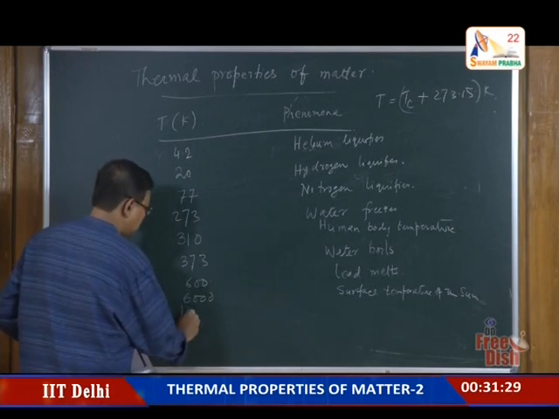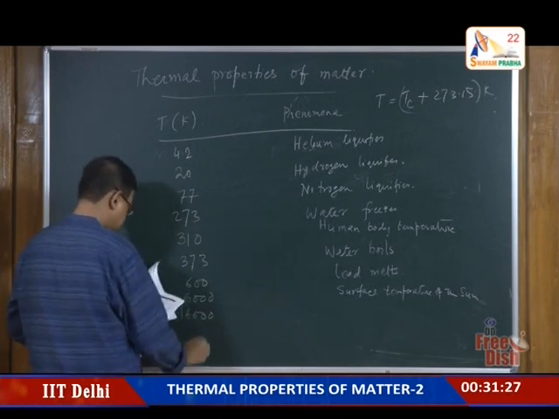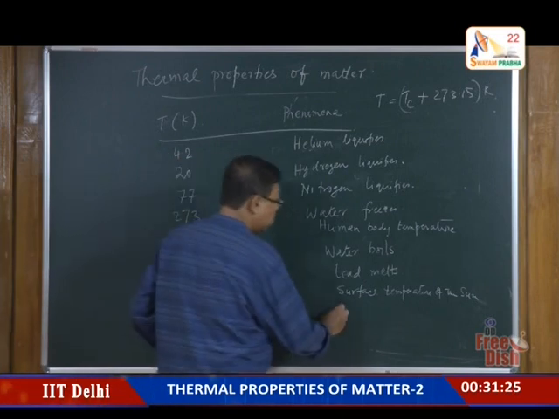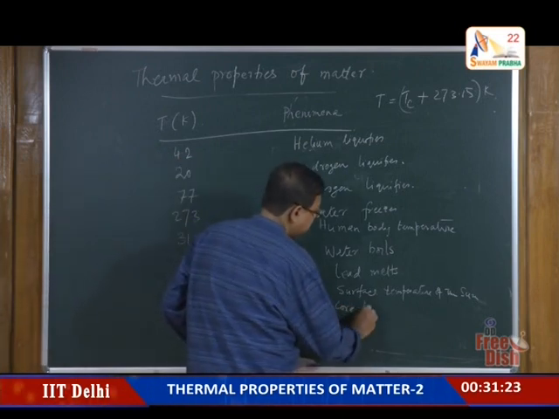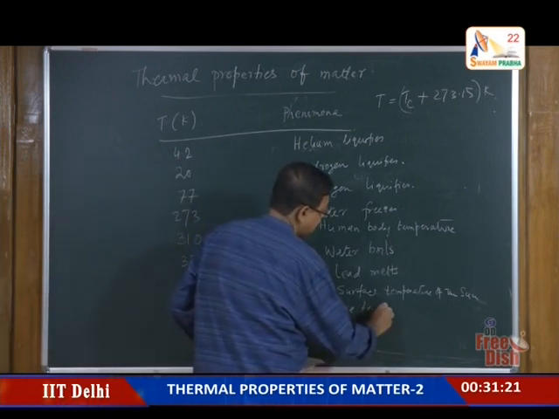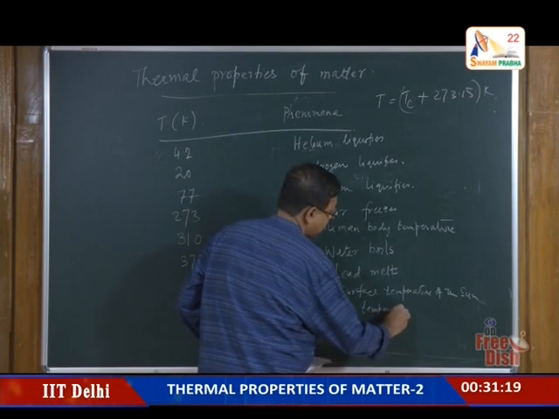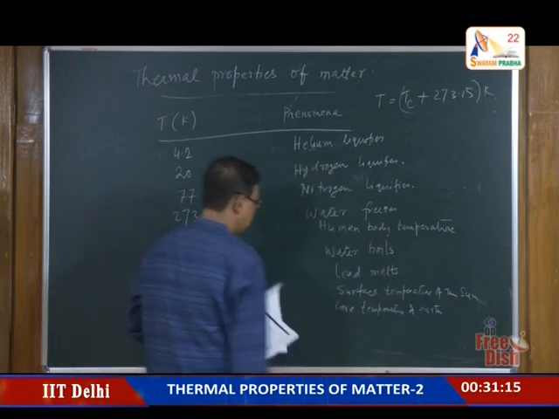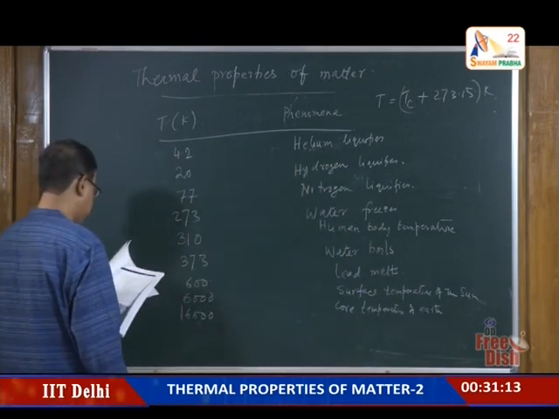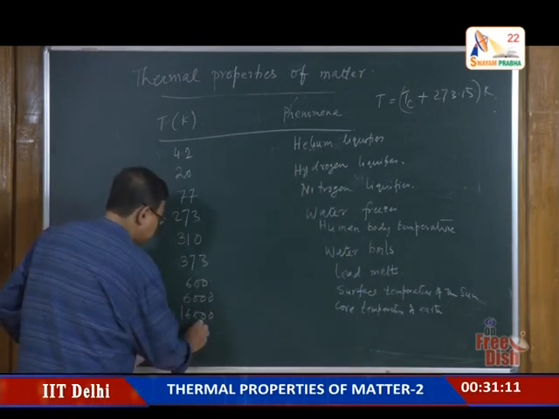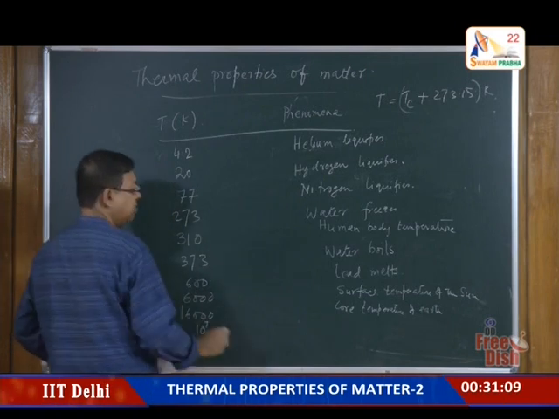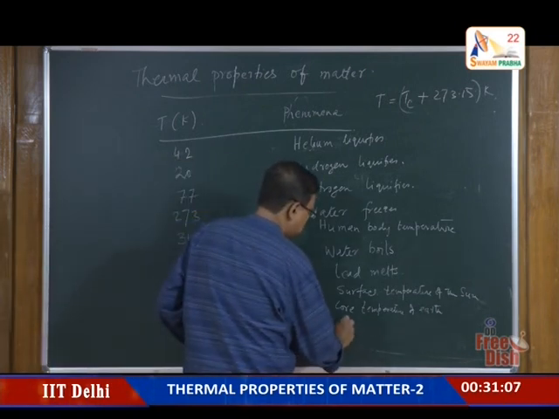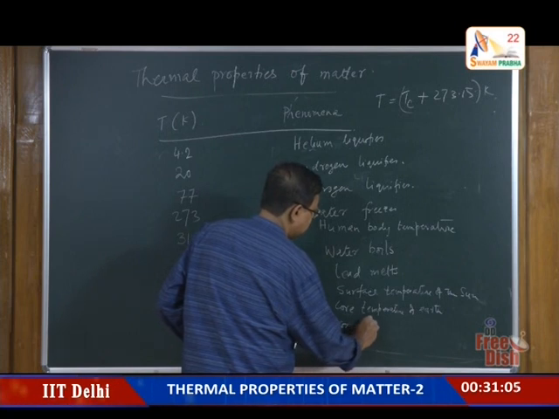16,000 Kelvin is the core temperature of Earth. 10 to the power 7 Kelvin is the core temperature of sun.